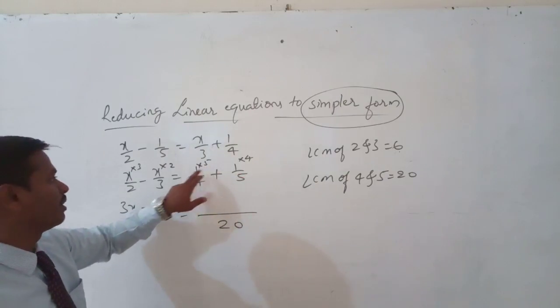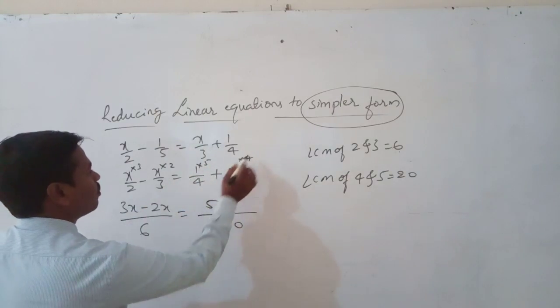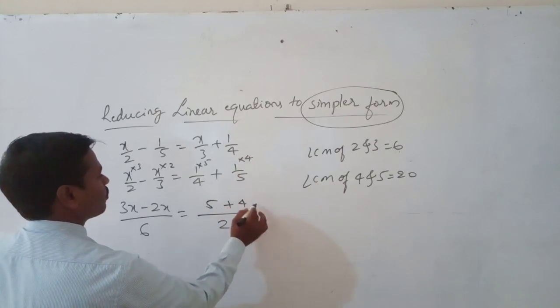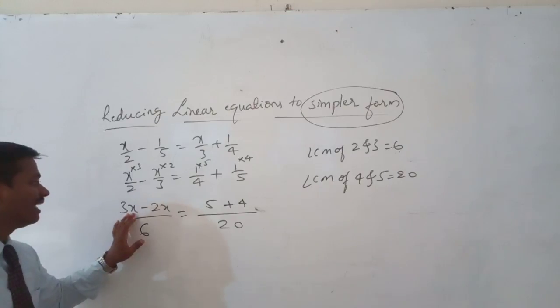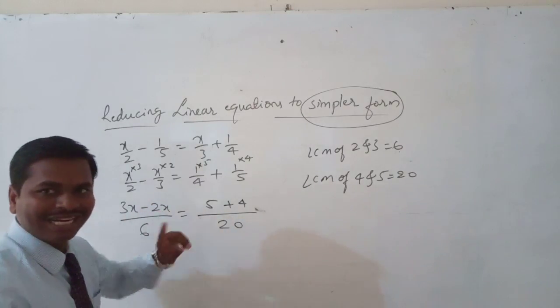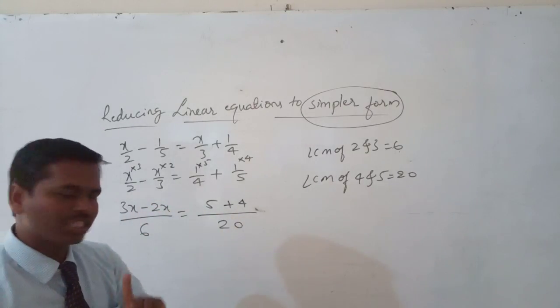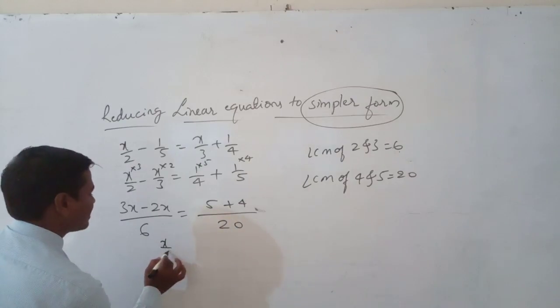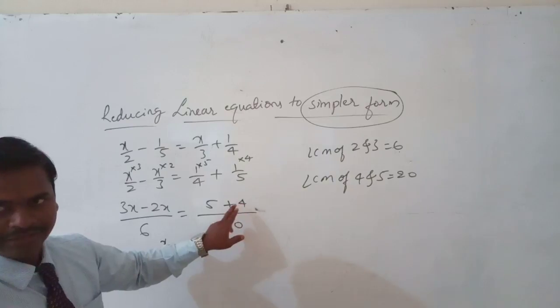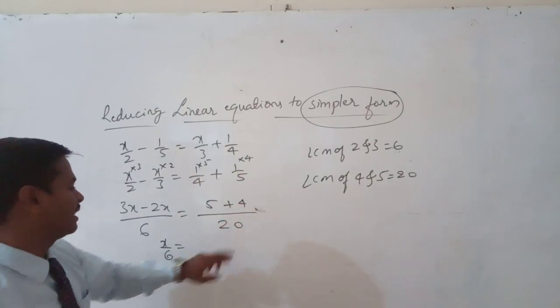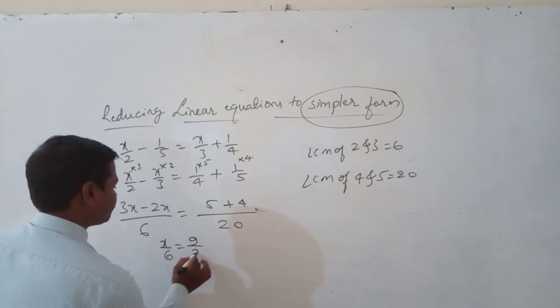Now 5 into 1 is 5, 4 into 1 is 4. Now we simplify both sides. 3x minus 2x, that is 1x, x only. x by 6 equal to 5 plus 4 is 9, 9 by 20.